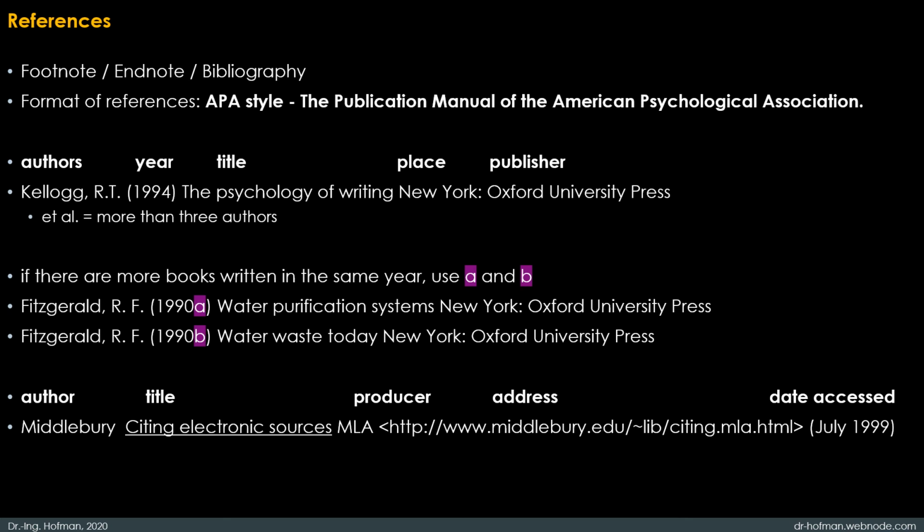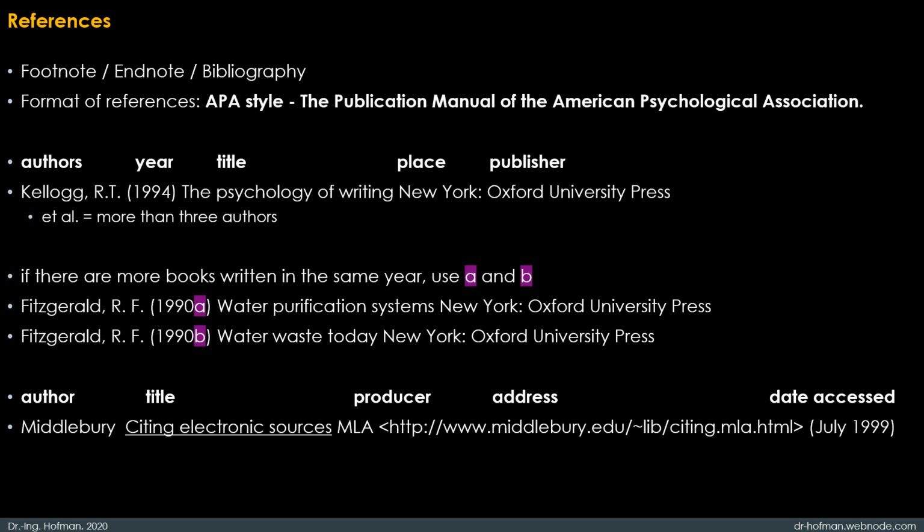Reference to a book, information to include: names of the authors, surname first with initials for given names, year of publication in parentheses, title of the book underlined. Only the first word needs to have a capital letter.